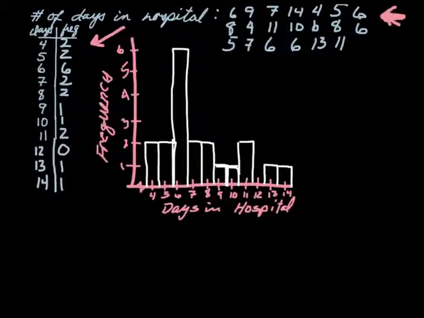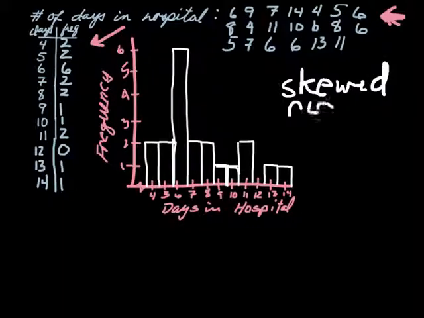All right, so now we've drawn a frequency histogram, and then what we'd like to do is describe the shape of this histogram. And I'm going to write this down, and I'll tell you in just a moment later why this one is skewed right. I'll just write it down for now, and then I'll tell you about it in a minute.